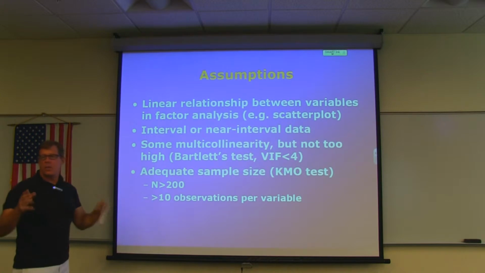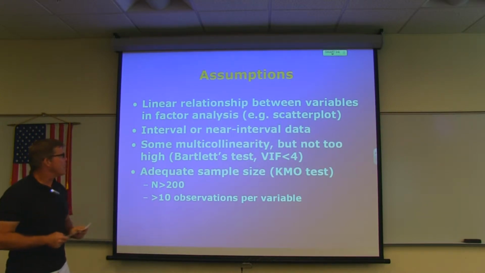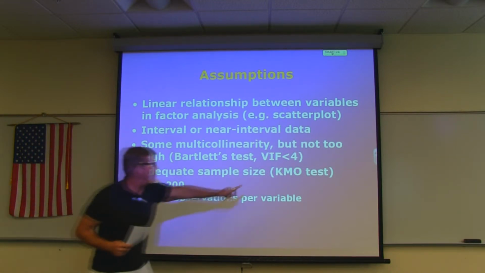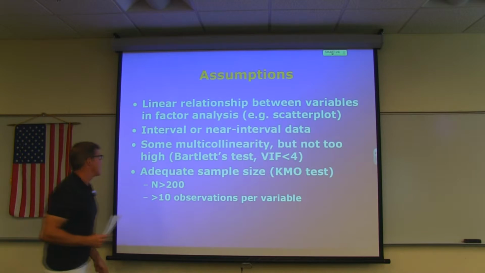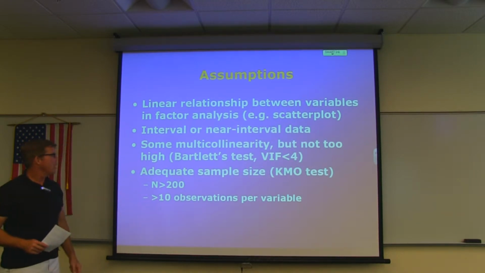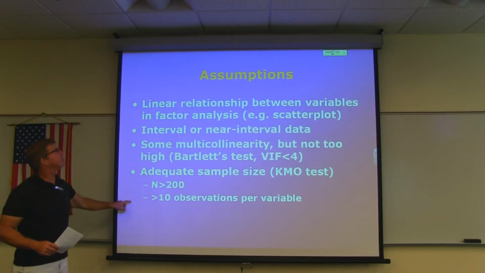So we want some relationships between the variables, but not too much, and adequate sample size. And we will determine that through this KMO test. We like to have sample sizes greater than 200, and so on, more than 10 observations per variable.